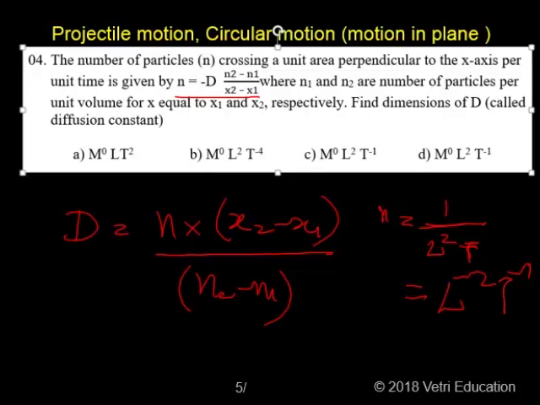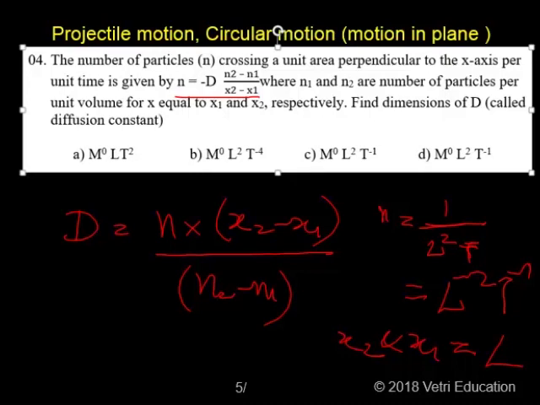x1 and x2 are given as distances, so x2 as well as x1 has the simple dimension of length. Then what is the dimension of n2 and n1? They are given as number of particles per unit volume.